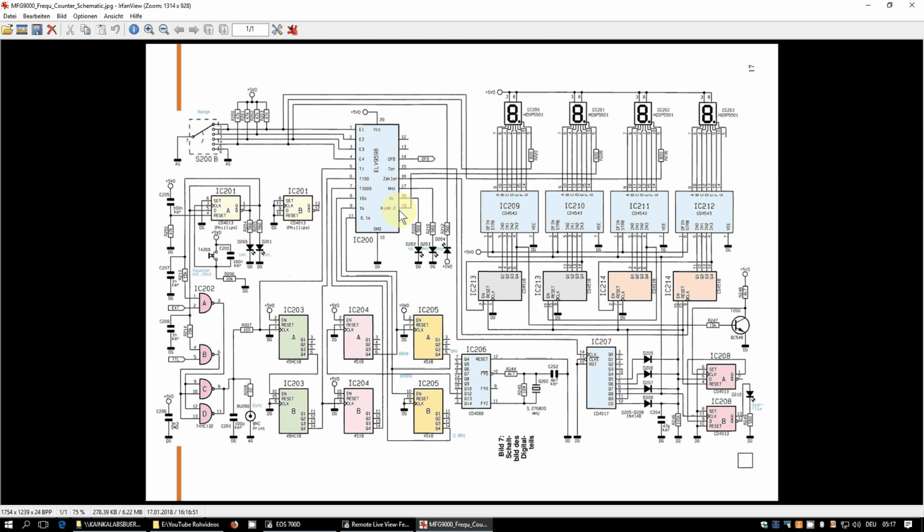It makes the gating, and for the internal reference they have here the quartz crystal with the classical CMOS 4060 oscillator and divider, and the basic switching between counting, latching and resetting is done again with a decade counter with decoded outputs, the 4017 CMOS IC.